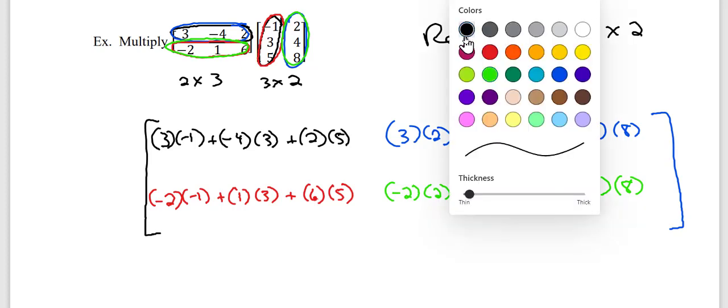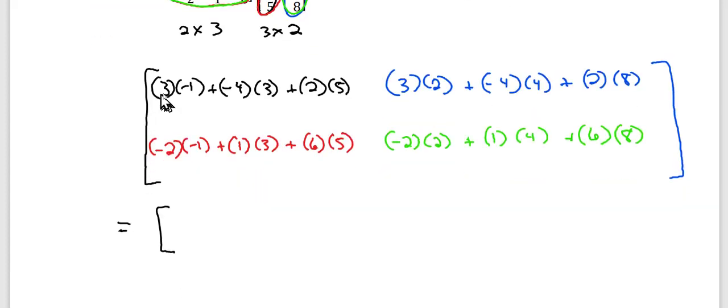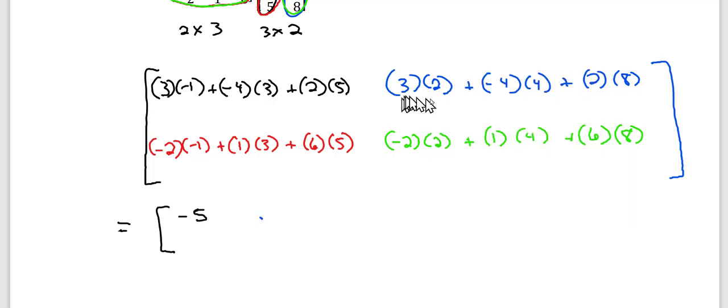And then let's go ahead and actually calculate what these are. 3 minus 12 is -15, plus 10 will give me -5. The blue number here will be 6, minus 16 is -10.